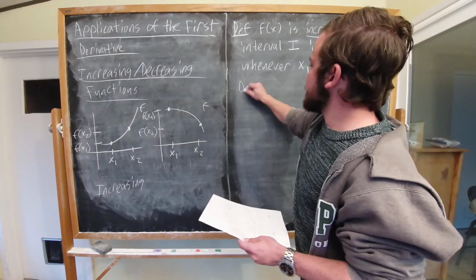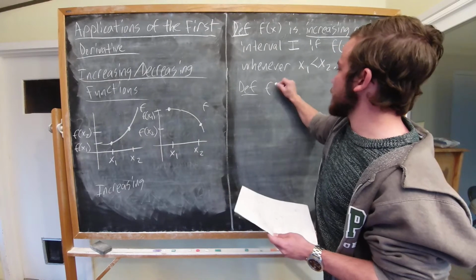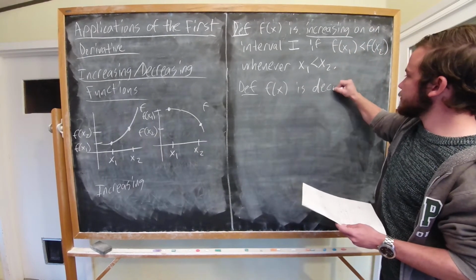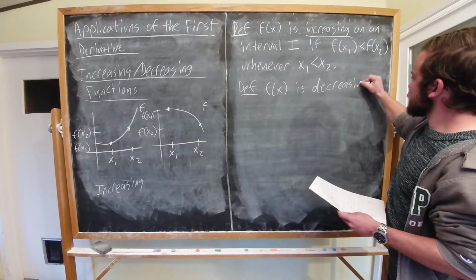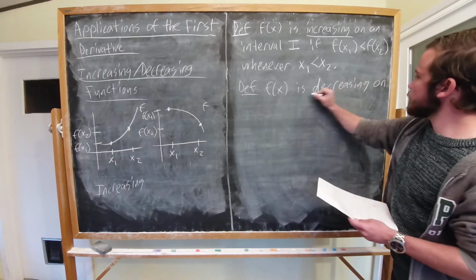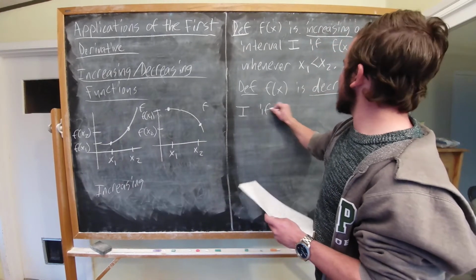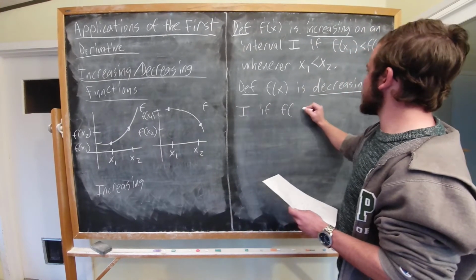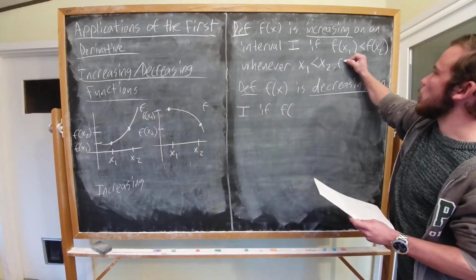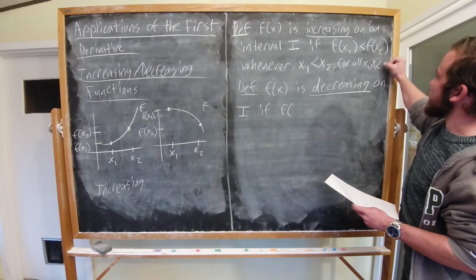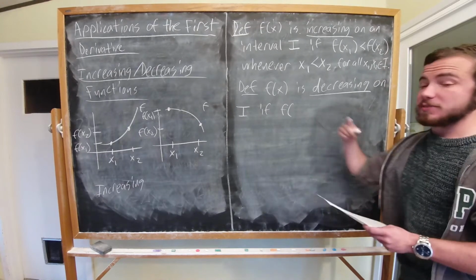And then, corresponding definition, f of x is decreasing on an interval I if f of x1 is greater than f of x2 whenever x1 is less than x2, and this would be for all x1, x2 in I. Sorry, missed that statement.